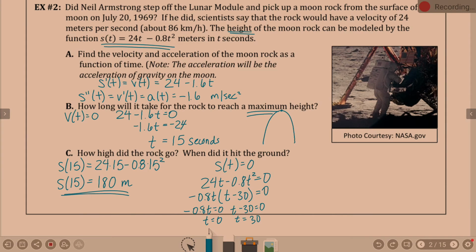The 30. What's the 0? When it started, right? It was at the ground when it started, and then it was at the ground at the end. So the answer we need for this particular piece is 30 seconds.